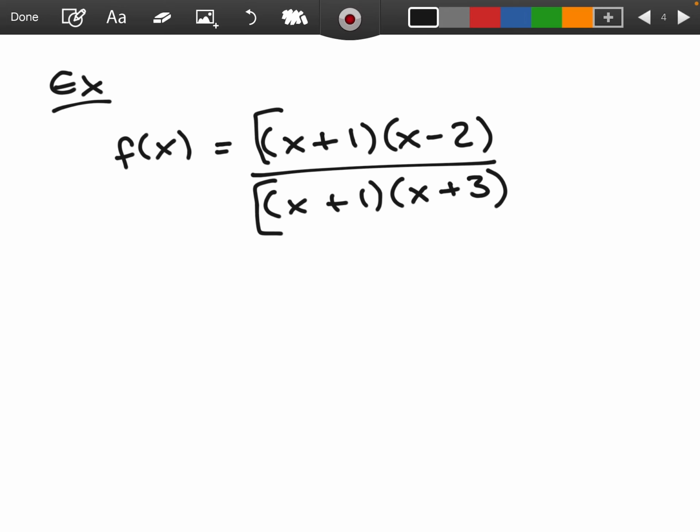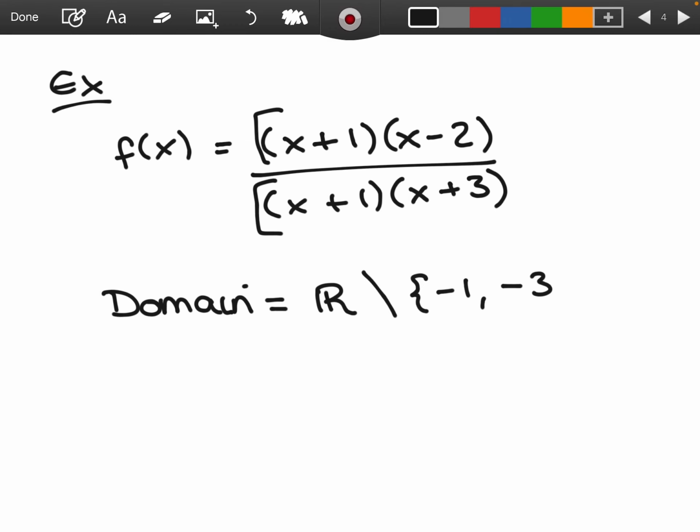We'll look at what happens for this particular function where you have that like term that is in both the numerator and denominator, and what happens with simplifying it, etc. That's where asymptotes come into play. But in terms of your actual domain, do not cancel it out. Your domain is still all real numbers, in this case not including -1 and -3.